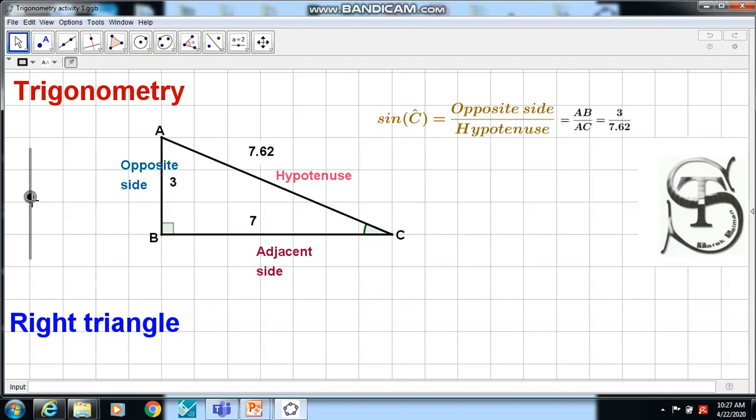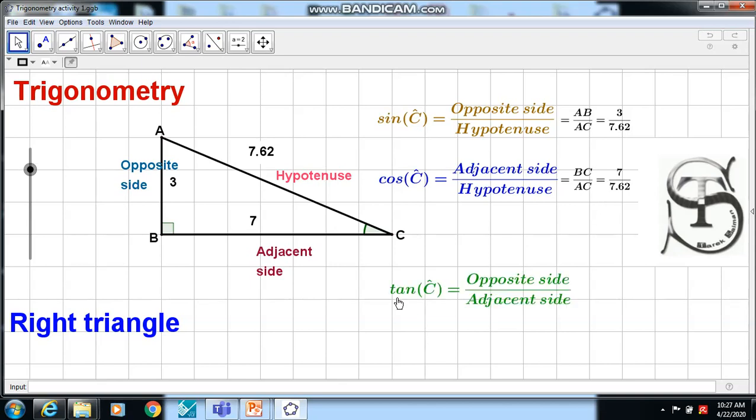Now cosine C is equal to adjacent over hypotenuse, which is BC in this triangle over AC, equal to 7 over 7.62.